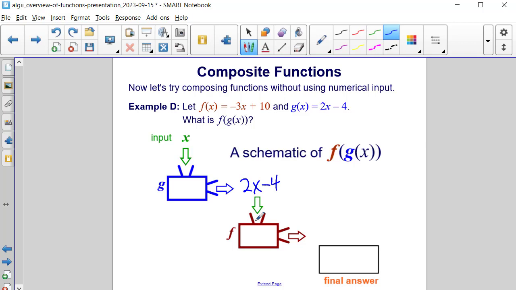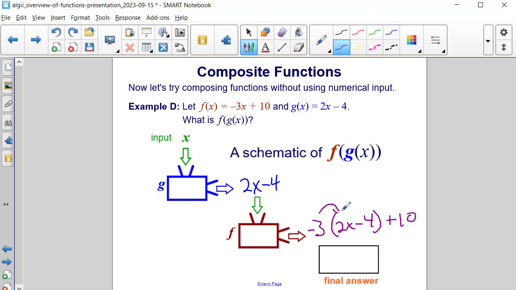And now we're going to take 2x minus 4 and substitute it in for x in our f function. So that's going to be equal to -3 times 2x minus 4, and then plus 10.